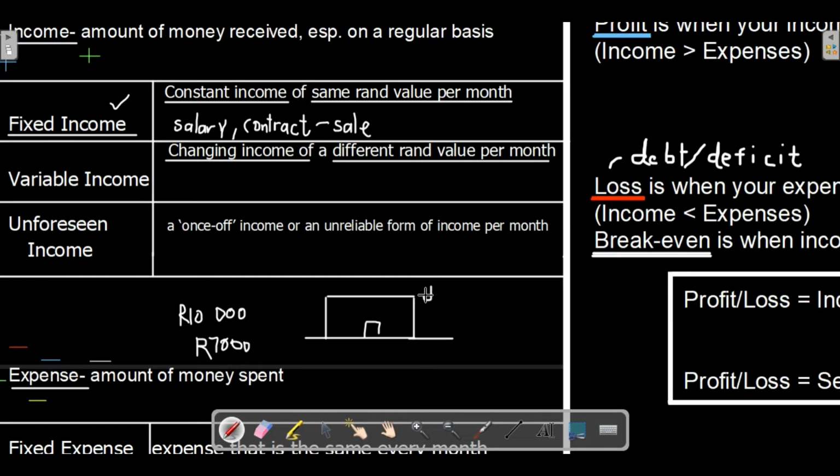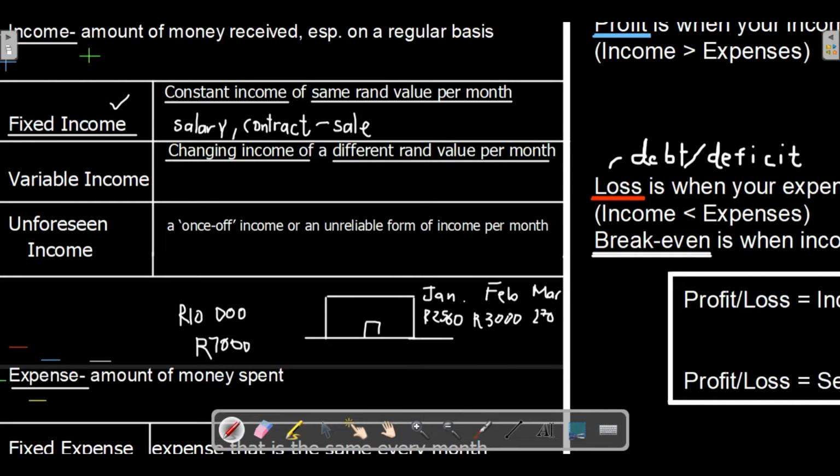Maybe during January you make, let's say, 2,500, and then the next month, Feb, you make a bigger amount, let's say 3,000. And then the next month, which is March, you make a smaller amount, which is 2,700.